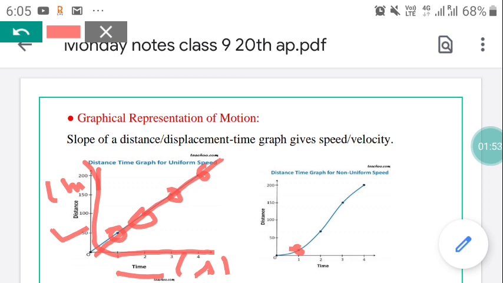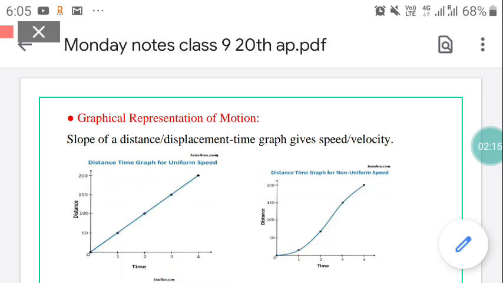So I point it here. In second second, it is 70. In third, it is 150. In fourth, it is 200. If you join all these points, it will be a curved line. Therefore, the distance time graph for non-uniform speed or non-uniform motion is always a curved line.